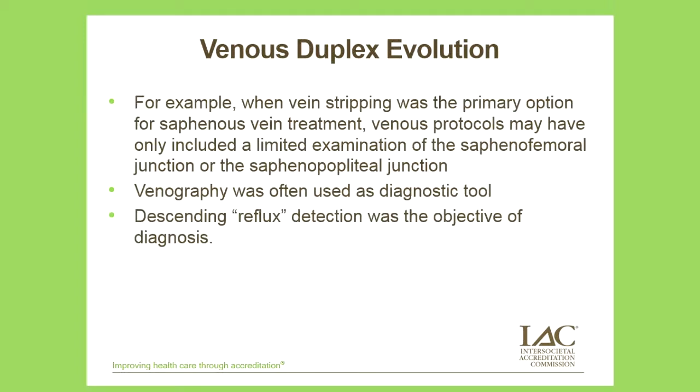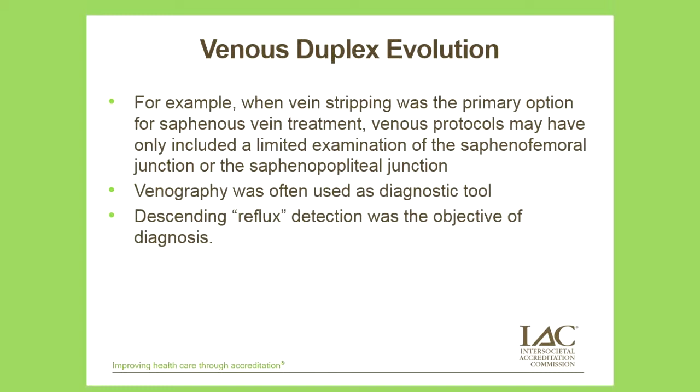So we know that new venous therapies exist, but in the old days, in my day, vein stripping was the primary option for saphenous vein treatment. At that time, patients were not wanting to undergo a stripping unless they had saphenofemoral junction reflux. So often, when we were just asked to evaluate a patient for insufficiency, all we had to look at was the saphenofemoral junction and also the saphenopopliteal.